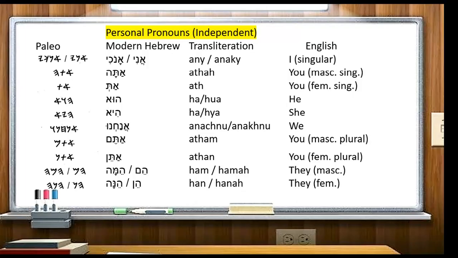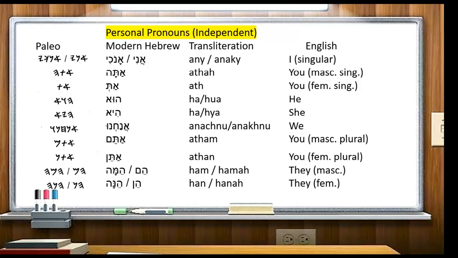So we have here the first word. We're looking at the Paleo, the modern script, the transliteration, which means what letters in our modern English language are directly related to the letters represented in Yahudyth. And then, of course, what's the translation in English?